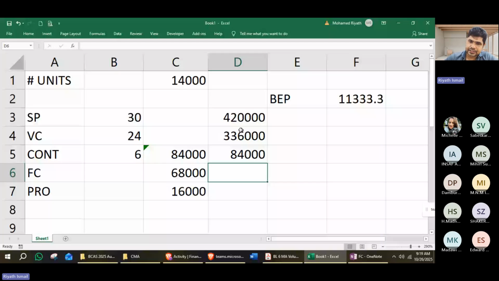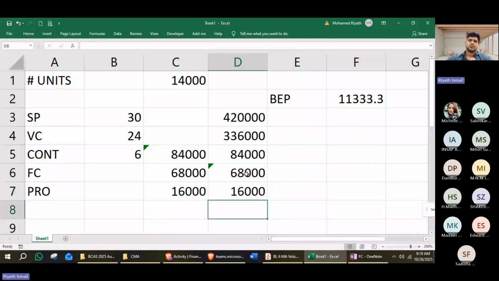There is no change in the fixed cost, 68, and therefore the profit will be contribution minus fixed cost, equal to 16. So when the company makes 14,000 sales, they can produce 16 million profit, right?